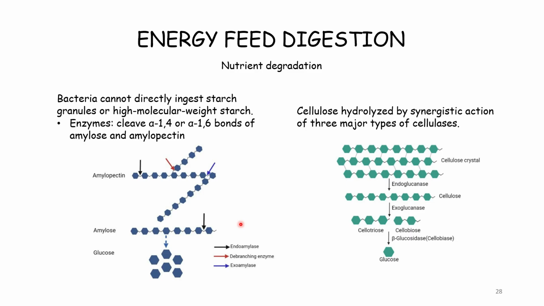So this is carbohydrate like glucose, amylose, amylopectin, and cellulose, hydrolyzed by the synergistic action of three major types of cellulases. Cellulases are enzymes, so because of the enzyme, you can see this breaks down into small pieces, and then again into small pieces, and then again into glucose. That glucose can be absorbed by the small intestine or used by microorganisms.